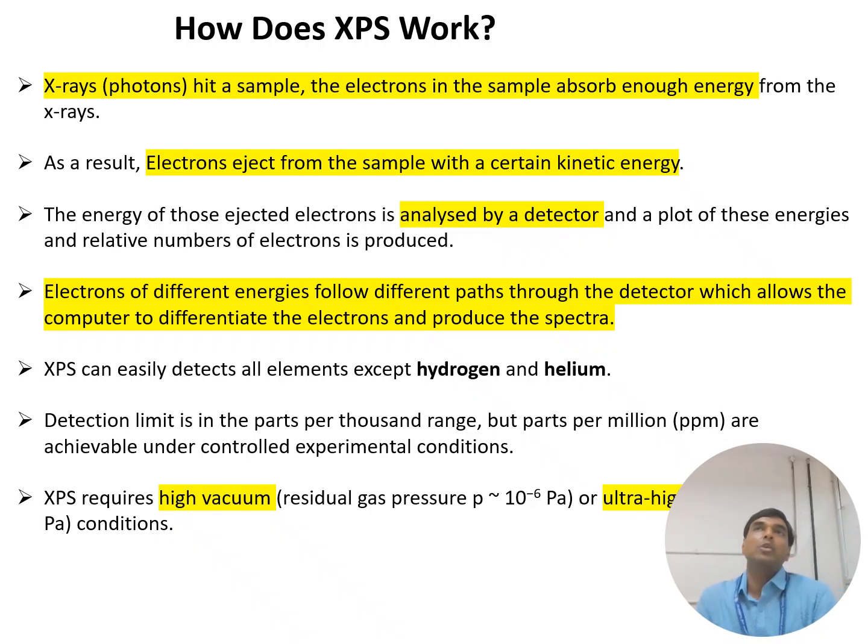But the major problem of XPS is that it is not applicable for very light elements, for example hydrogen or helium. It is a similar problem as powder X-ray diffraction, which is not applicable for lighter elements. Its detection limits are in the parts per thousand range, and parts per million, or milligram per liter, is also possible.